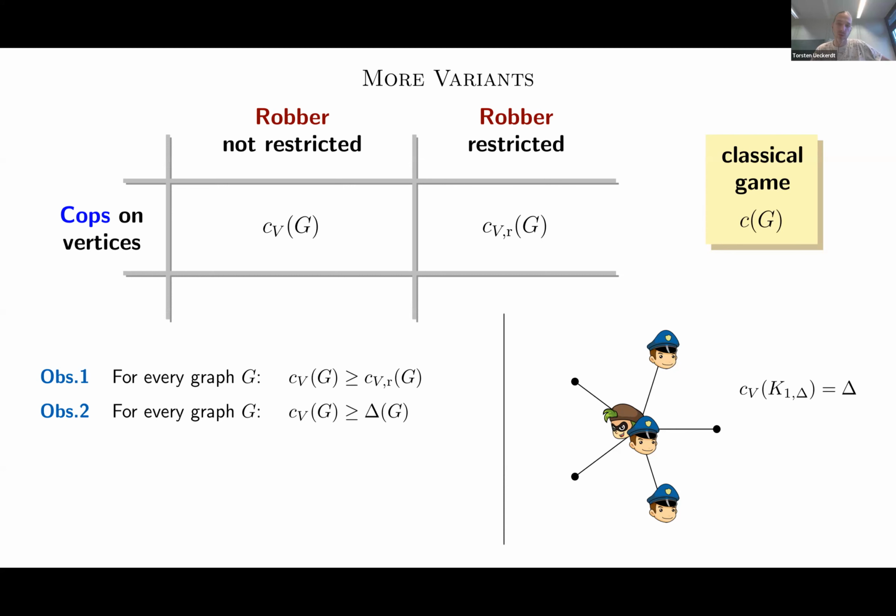And you can show that 5 cops are actually also sufficient. So the unrestricted surround cop number of this graph is just delta.